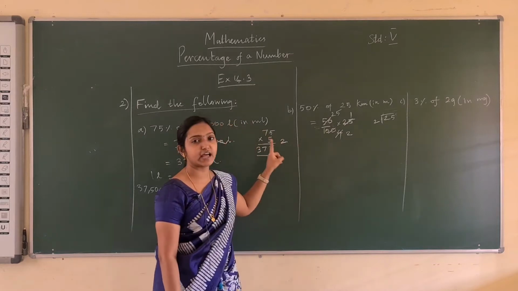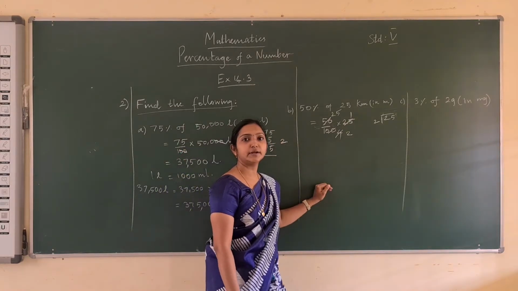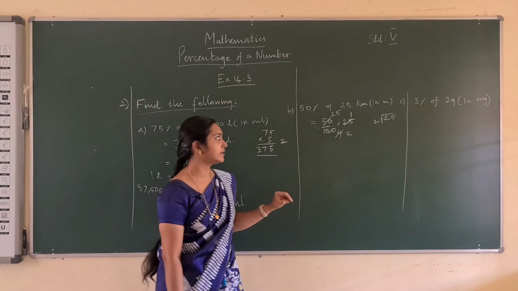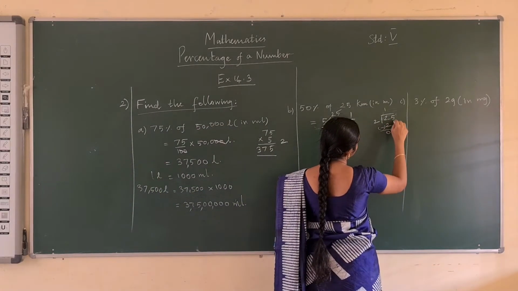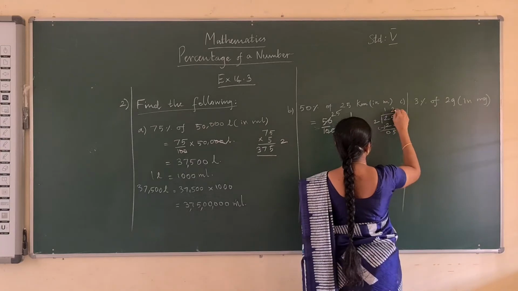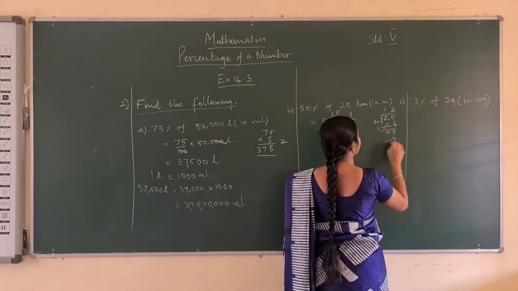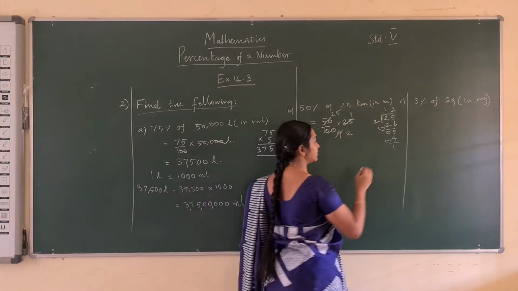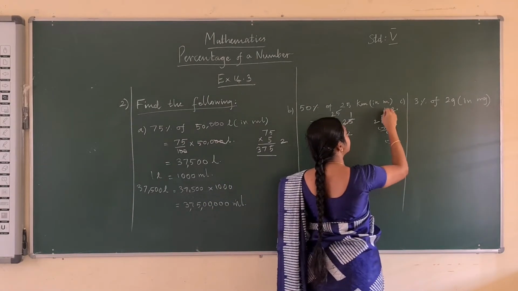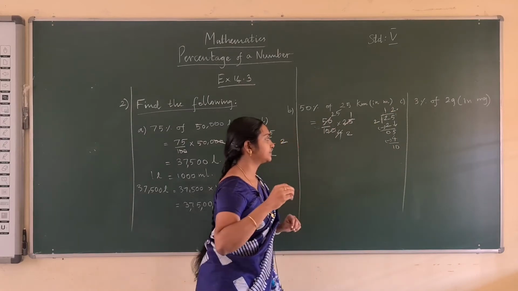In numerator we are having 25, in denominator we are having 2. So divide 25 by 2. 1 2 is 2, 2 minus 2 is 0, bring down this 5, 2 into 2 is 4, 5 minus 4 is 1. So we have to add 1 0 now and keep decimal point in the quotient.